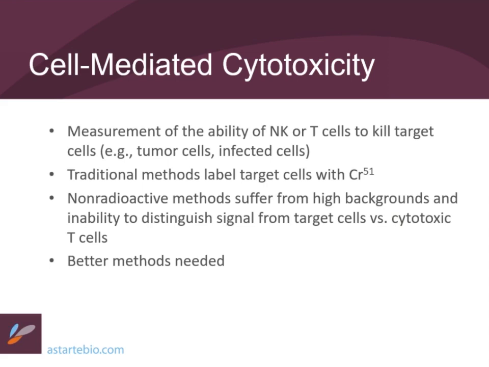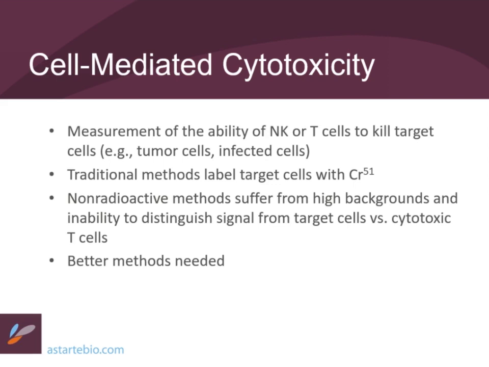Traditional methods label target cells with chromium-51, which is reduced on entry into the cell, retaining it within the cell and reducing the leak back out into the culture medium. When those target cells are then washed, you can measure release of the label upon lysis. But again, that's the good old days of radioactivity, and not many of us really want to deal with radiolabels.